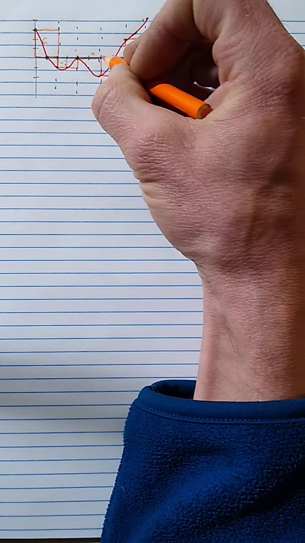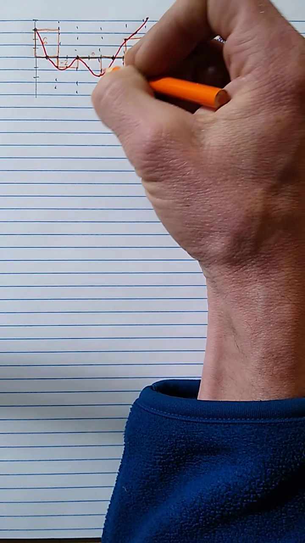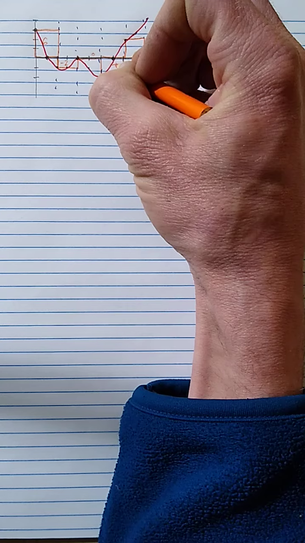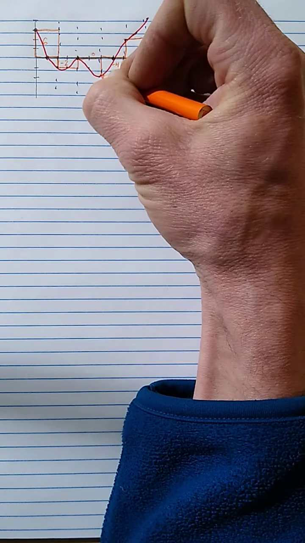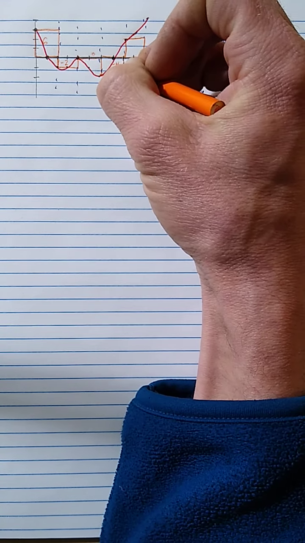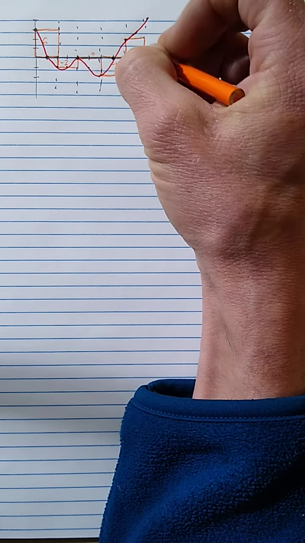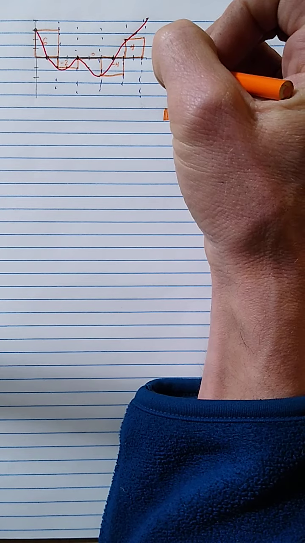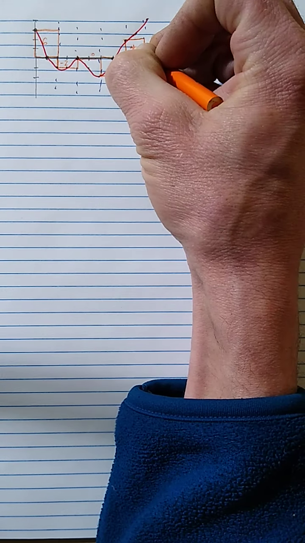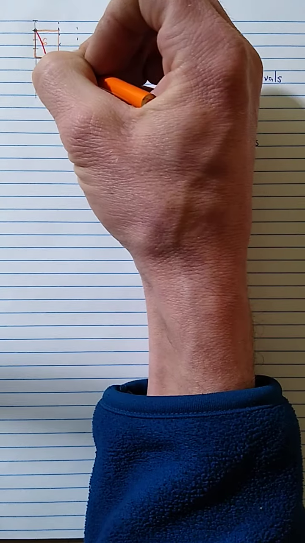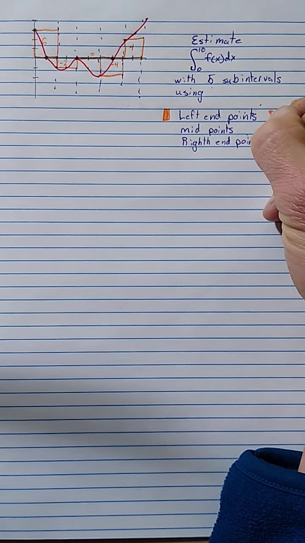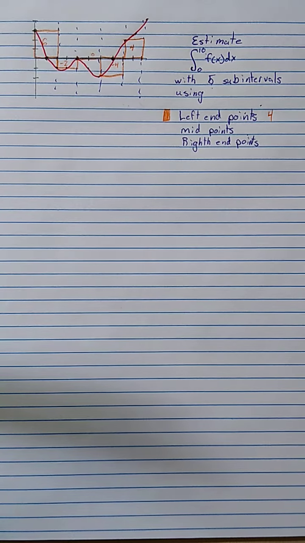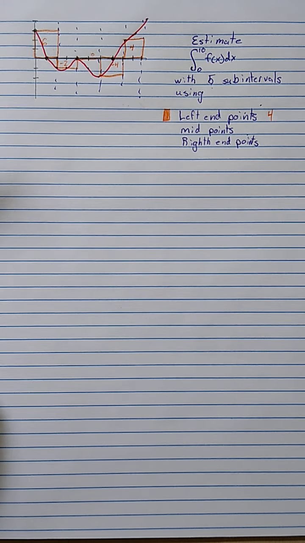This box is 2 by 2, and it's below the x-axis, so -4. This one is 2 by 2, but it's above the x-axis, so 4. If we add those up, we get 4 minus 4 is 0, 6 minus 2 is 4. So our answer for the left endpoints would be 4.